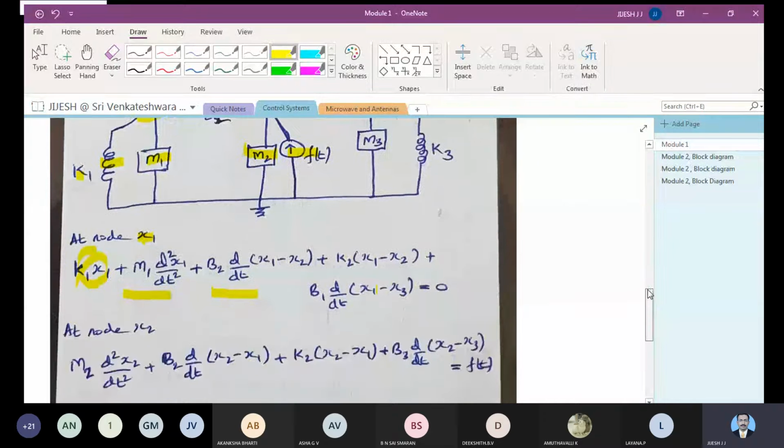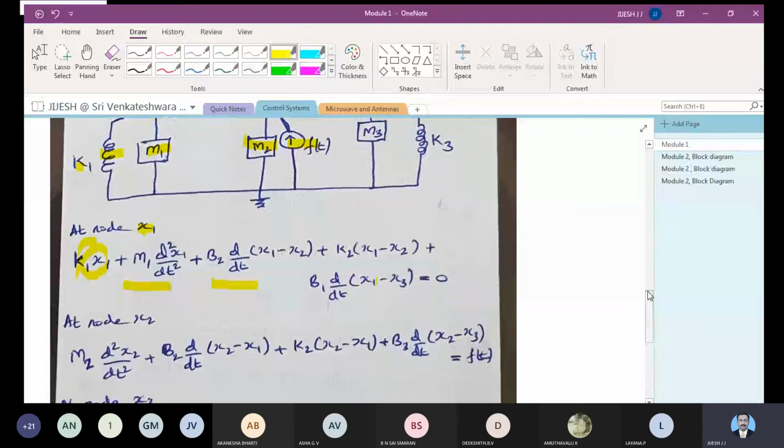What further we have to do is write the equation for x2. One more thing, in the previous class I asked you to draw that network. Have all of you completed that? Have you completed that network in the class, the final answer, the figure? Yes, sir.